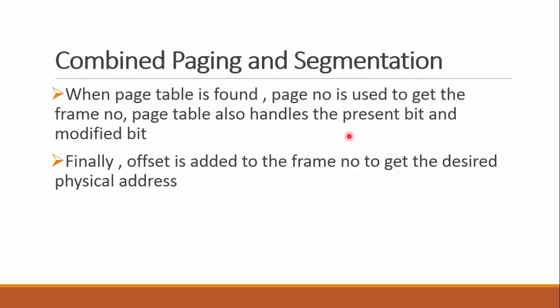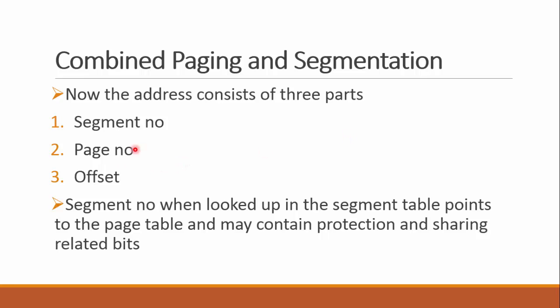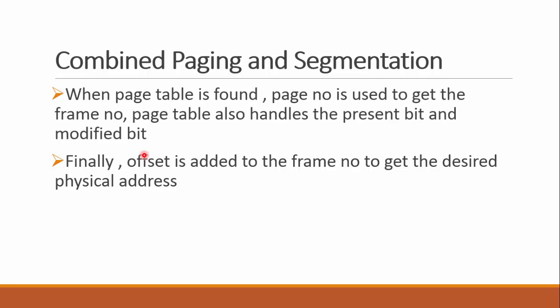With that found, we get the page table. Now we use the second part, the page number. You match it with the page table and we get the frame number. And now the frame number, when added with our offset, gives us the desired physical address.